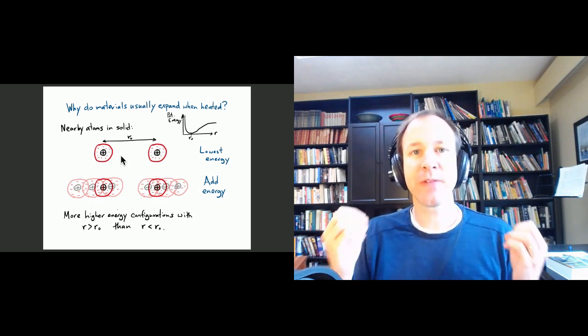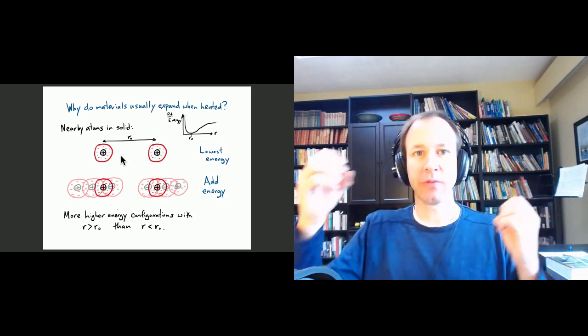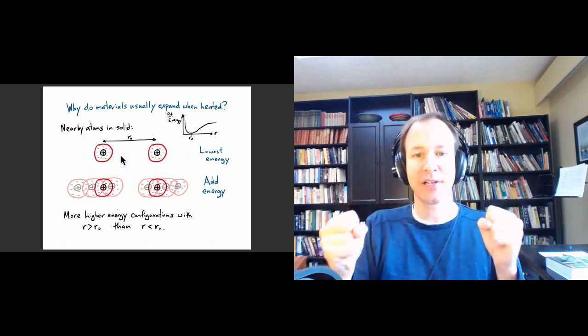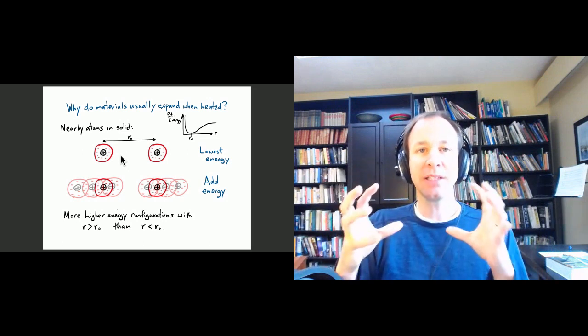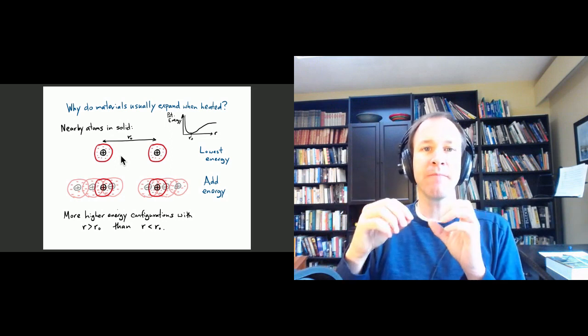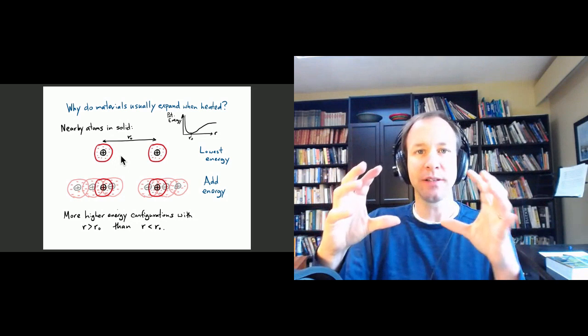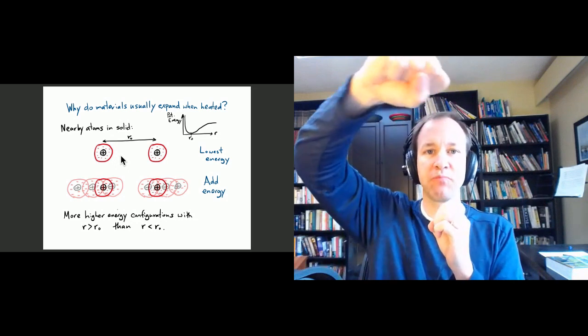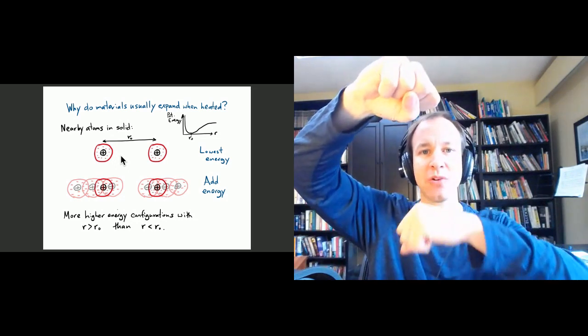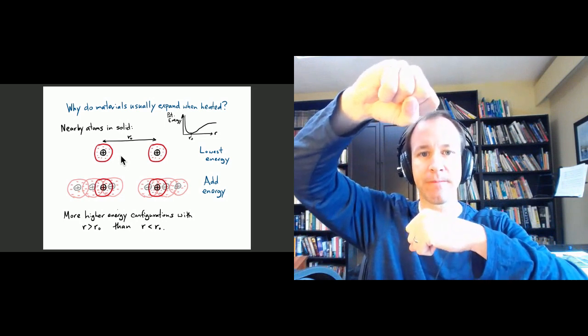So let me try to explain why that would be. Let's first think about something like a water molecule, where you have an oxygen and a couple of hydrogens. In a molecule like that, you have some uneven distribution of charge. The net charge is 0, but you tend to have more positive charge on one side and more negative charge on the other side.